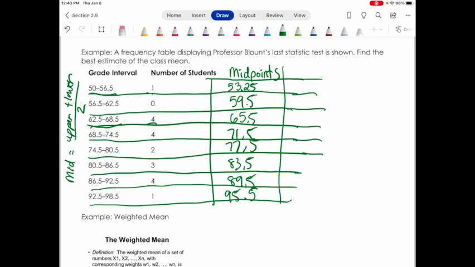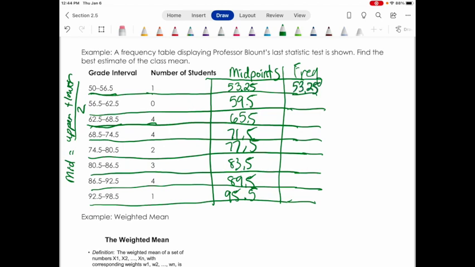Okay, now what we're going to do is we're going to take each of these midpoints and multiply by the frequency, because I know that I'm going to have one number that's around 53.25. I want to make sure when I take my mean that I add in a 53.25. So I'm going to take 53.25 times 1.